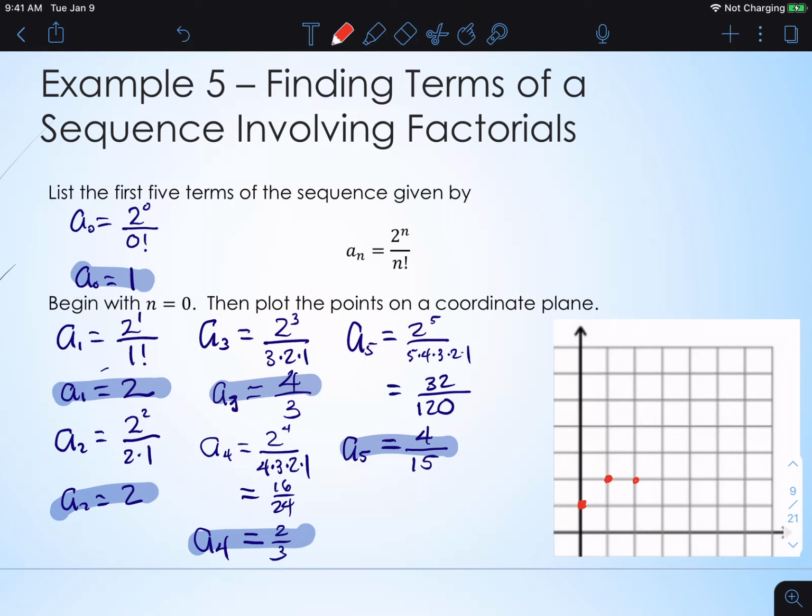Well, that's 1 and 1/3. And then when n is 4, now we're at 2/3. Now we're less than 1. And we get even further down because a sub 5 is less than 1/3, because it's 4/15. So interesting graphing for just finding the plots that go with those terms of this sequence.